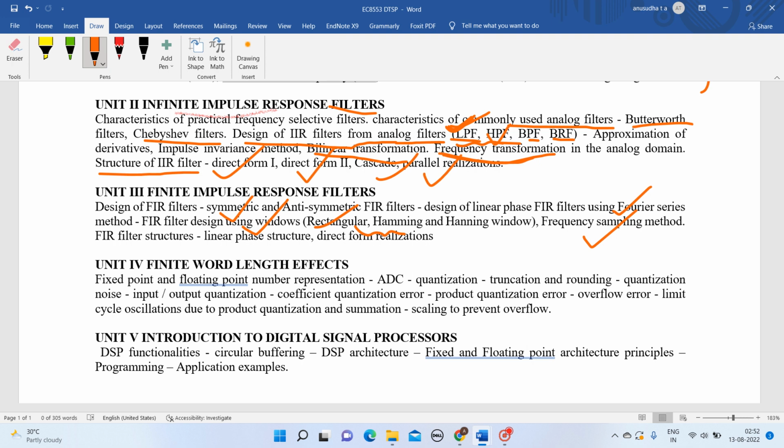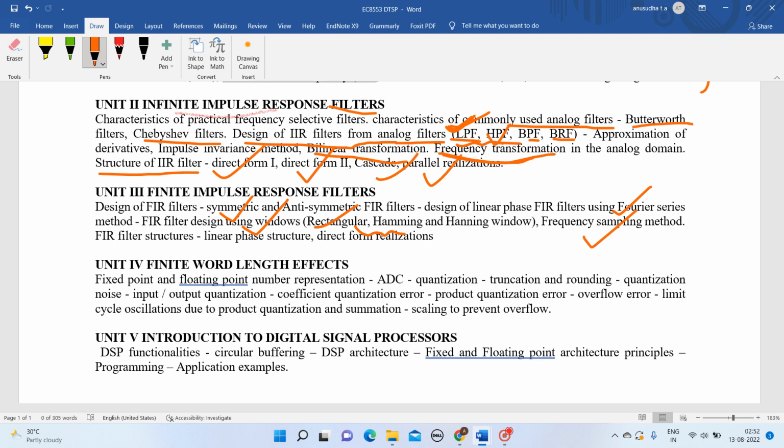Unit 4 is finite word length effects. This is easy, but a bit difficult to understand the concept. Here we cover the quantization noise, input and output coefficient quantization error, and product quantization error.